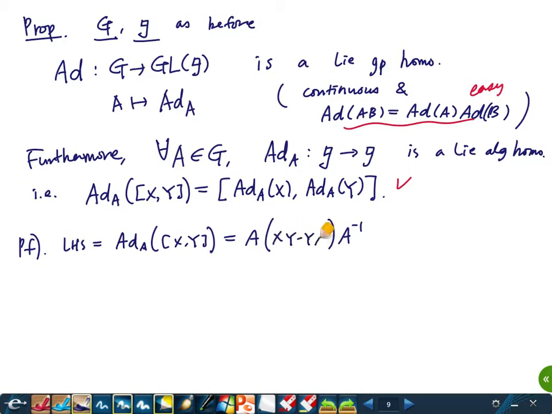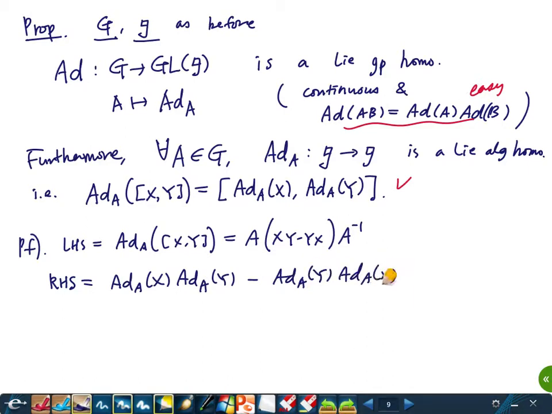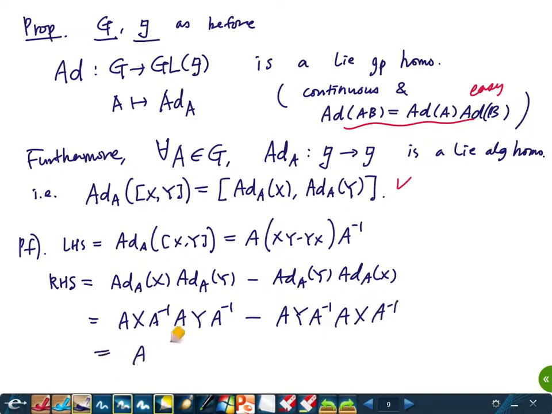XY minus YX. Okay, and what about the right-hand side? Here is Ad_A X, Ad_A Y, minus Ad_A Y, Ad_A X, but just use the definition. A inverse and A, they cancel each other, so we get exactly what we wanted, which is, of course, okay, cancel this, so they are the same.